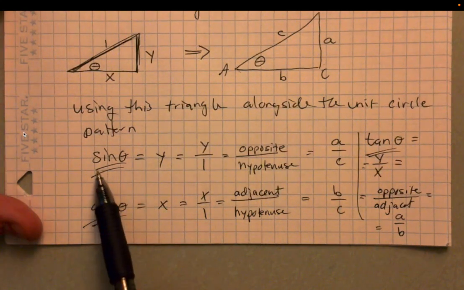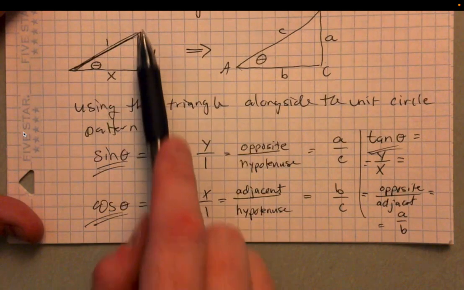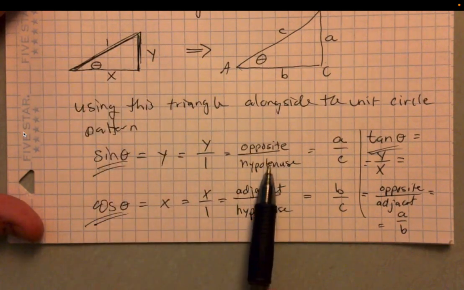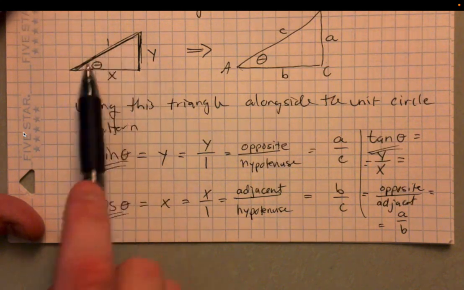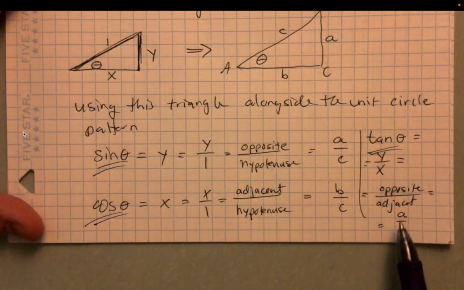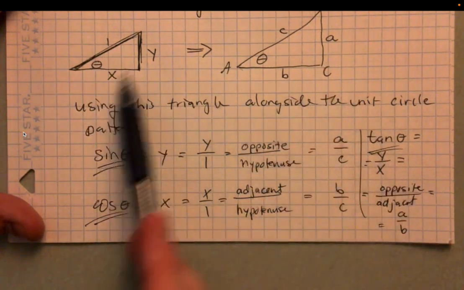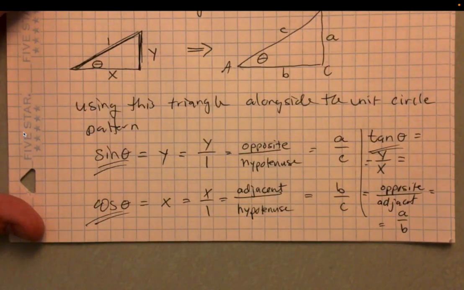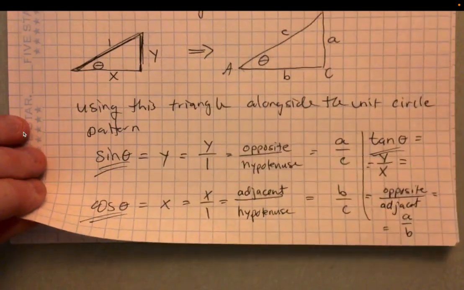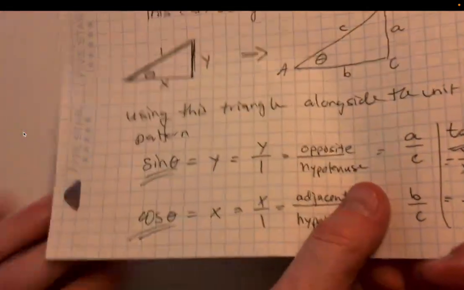So the sine is the ratio of the opposite side to the hypotenuse. The cosine is the ratio of the adjacent side to the hypotenuse. And the tangent is the ratio of the opposite side over the adjacent side.